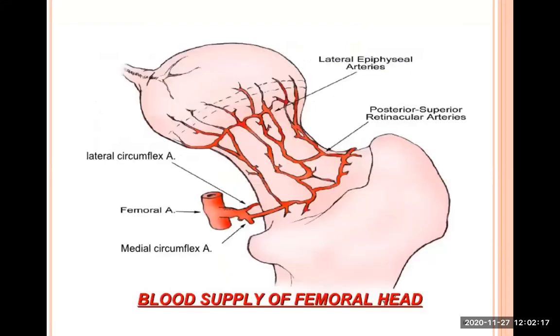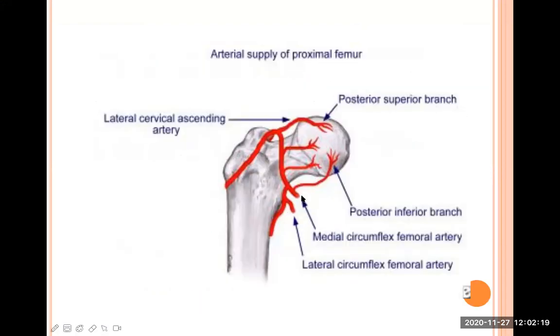Medial circumflex femoral artery and lateral circumflex femoral artery are anastomosing right at the base of the capsule of the hip joint. This is known as extracapsular arcade formation, and from there the different branches ascend and supply the neck and head of the femur.